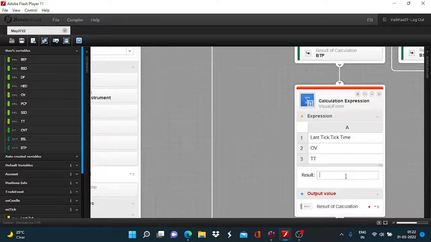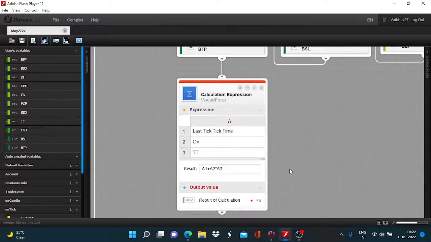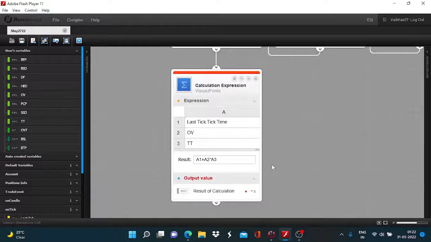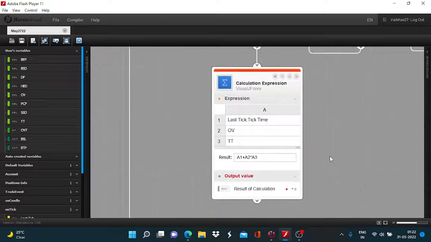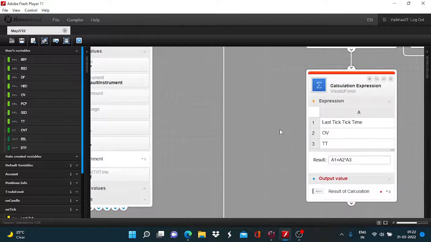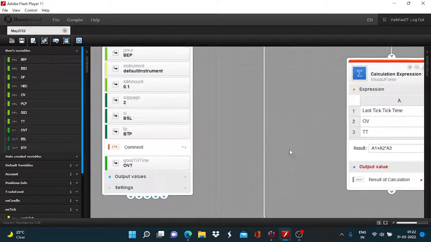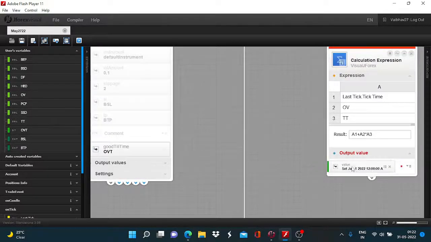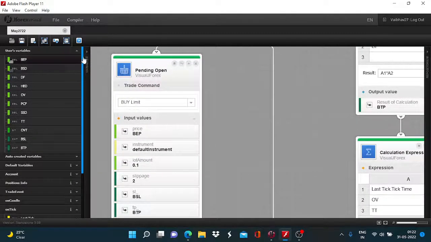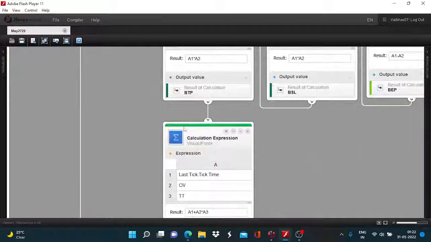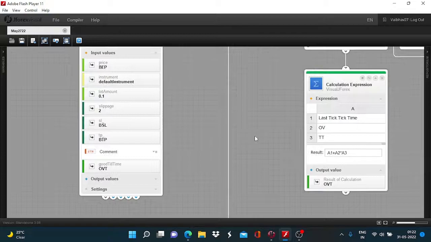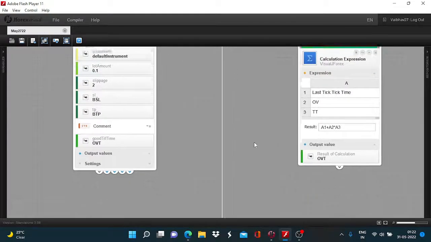This one will become A1 plus A2 into A3. Alright, and the result of the calculation will be assigned to this variable. Okay, so we have defined all these parameters of the trade command block.